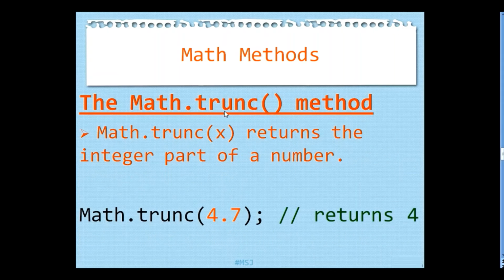The next method is the truncation method, Math.trunc. This method returns the integer part of a number. So for 4.7, the integer part is 4. After the decimal point we have 7, but it returns only the integer part, so 4 will be the output.